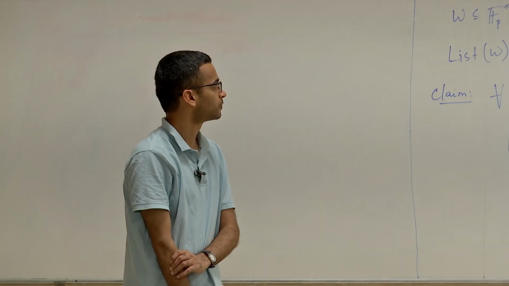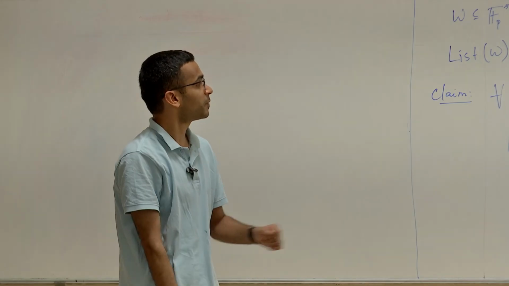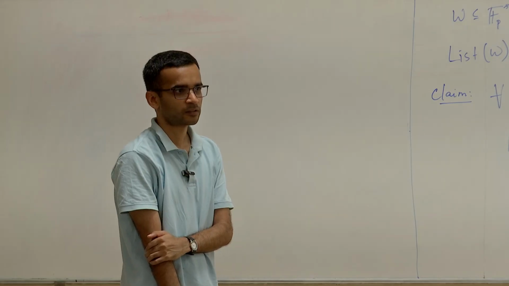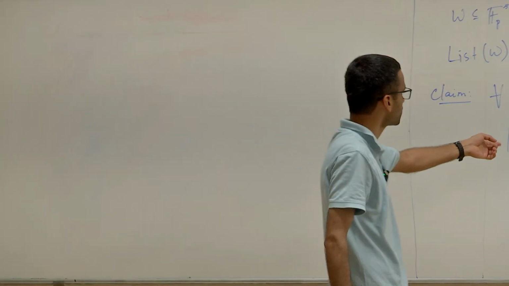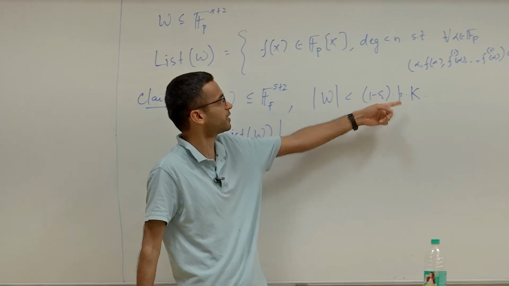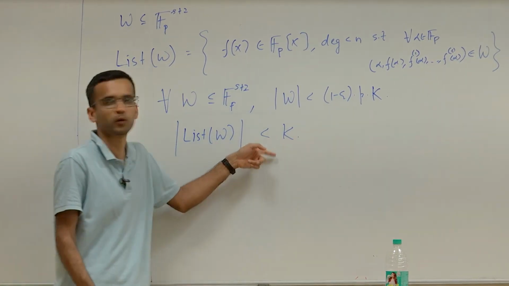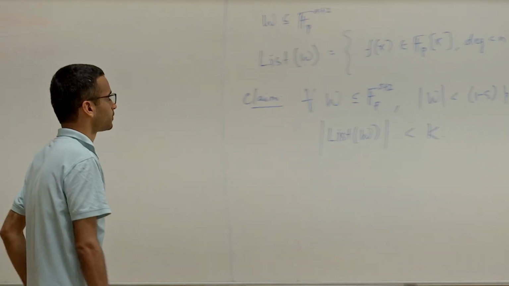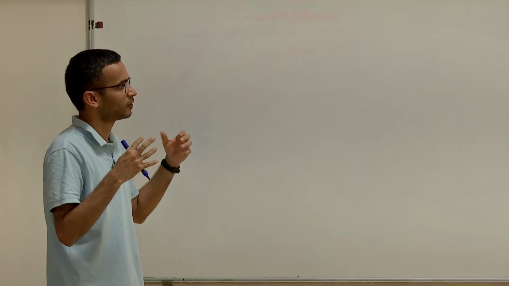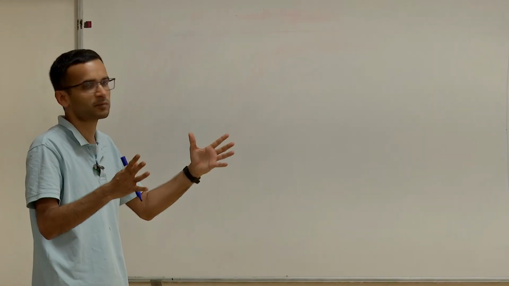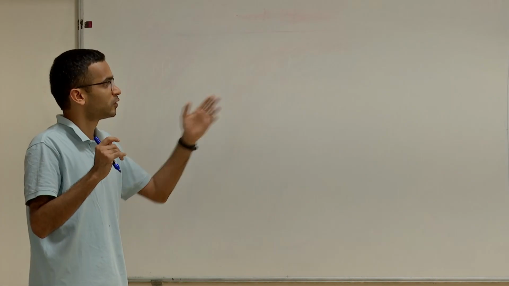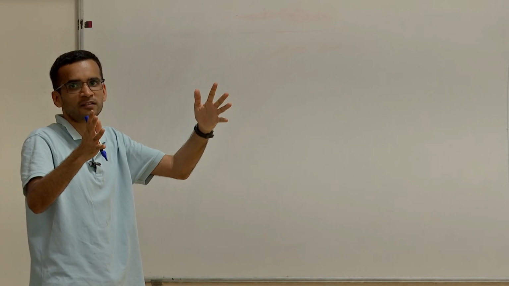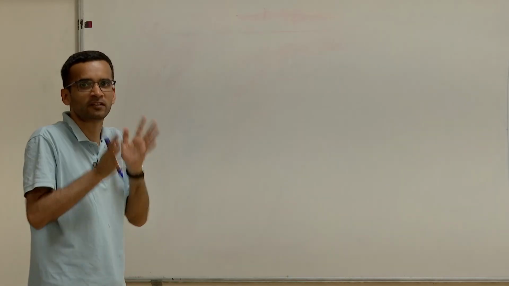It's not stronger: expansion from the left of sets of size k, where by expansion you mean (1 minus epsilon) times p times k, is equivalent to this claim. It's the contrapositive of the same claim. We want to show that every set of size k has at least (1 minus epsilon) pk neighbors. What we are trying to show is that if you pick a set of size less than (1 minus epsilon) pk on the right, its neighborhood on the left is less than k.